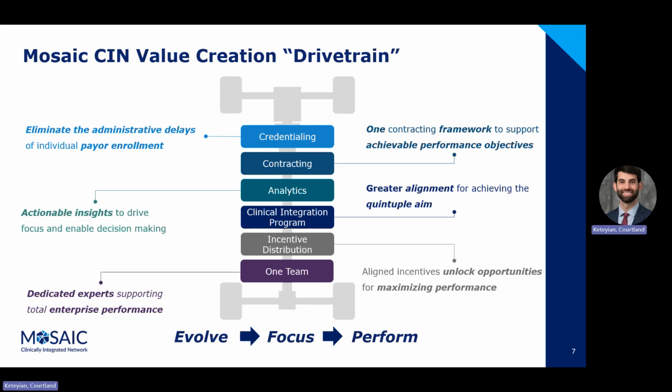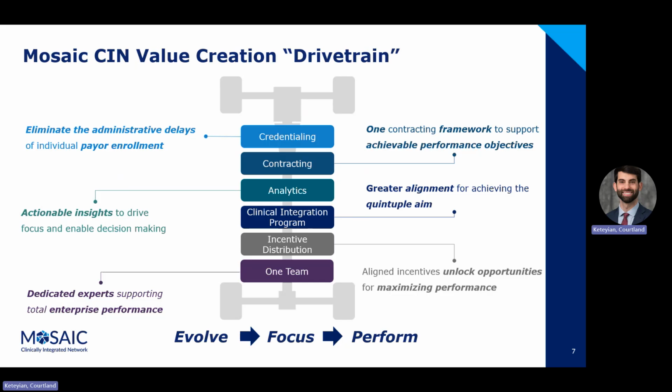I like to refer to Mosaic really as a drivetrain, and this is how we think about it, within six core areas. The first is credentialing. We typically, historically, think of credentialing in terms of the hospital environment, and I separate that to think about payer enrollment versus facility privileging.